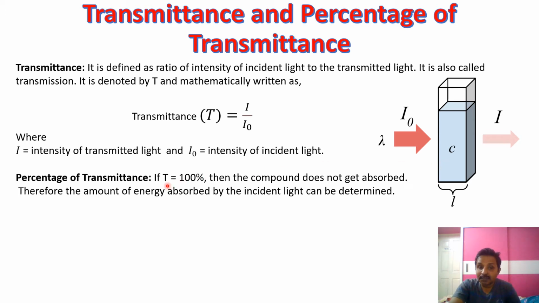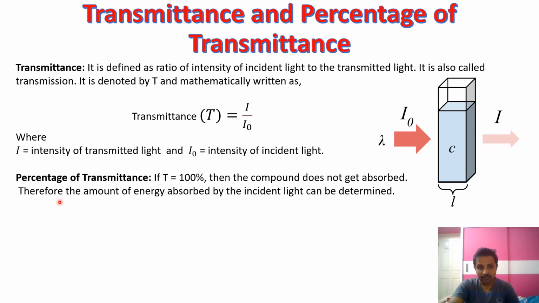The intensity is not at all absorbed by the sample, so the intensity of incident light is equal to the intensity of transmitted light. Both will be equal, and then T equals 100%. The compound does not absorb the intensity at that time.